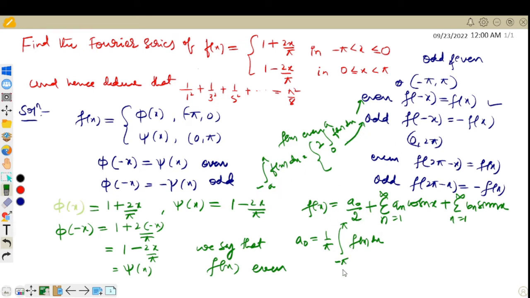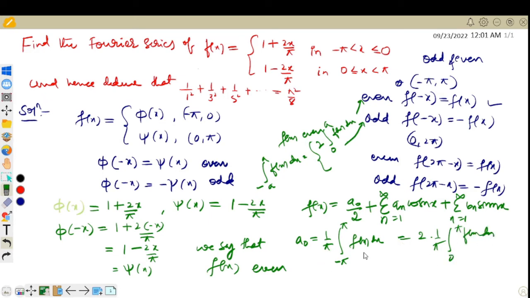Here the interval is minus pi to pi, so a is pi. If the function is even, a naught becomes 2 times 1 by pi times the integral over half the interval, 0 to pi.